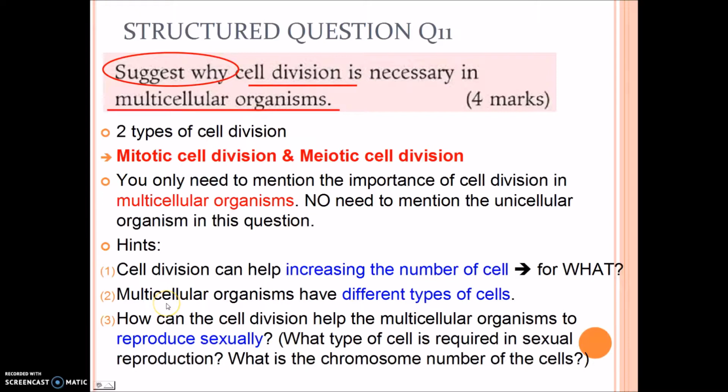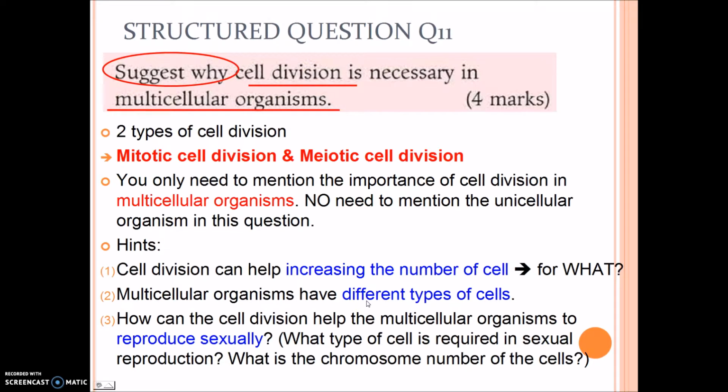The second point is that for the multicellular organism, we do not have one type of cell. We have many types of cells: skin cells, lung cells, liver cells, muscle cells, bone cells, blood cells, something like that. So how is cell division important for us to produce different types of cells?